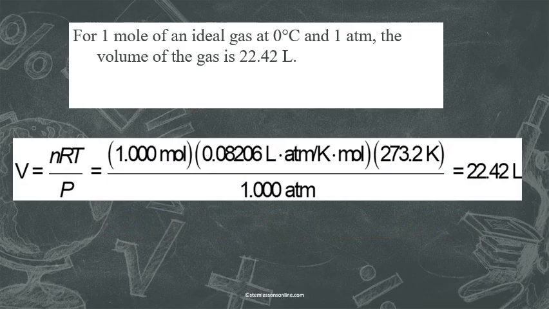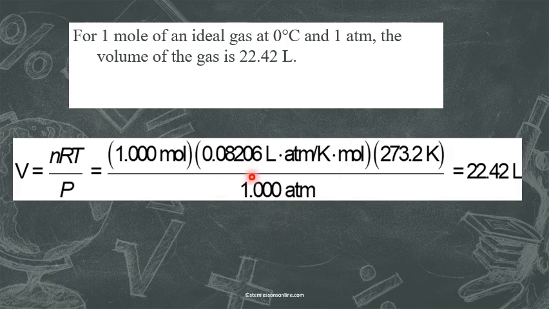This is from our ideal gas law, PV equals nRT. So for 1 mole, n equals 1 and R is 0.08206 and temperature 273.2, which is the standard temperature, and the standard pressure is 1 atm.